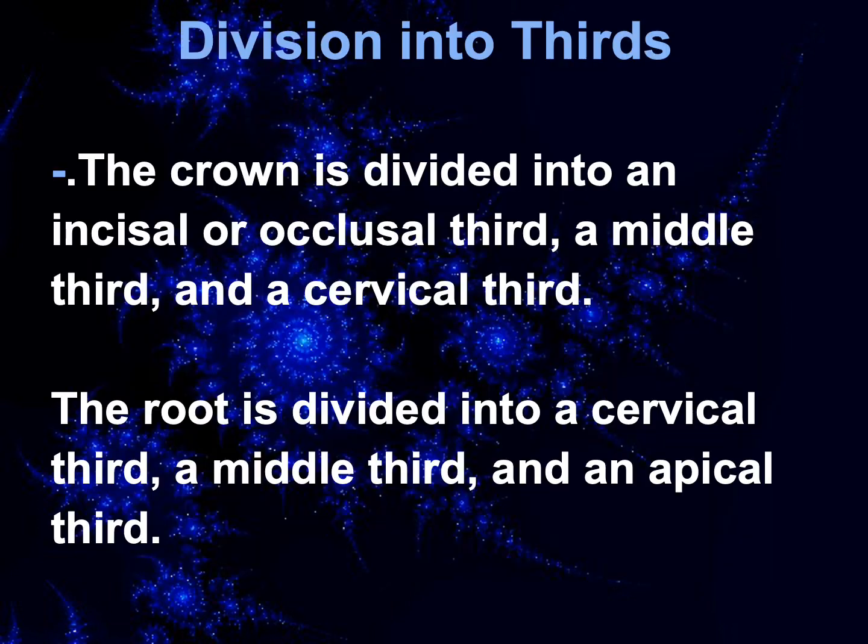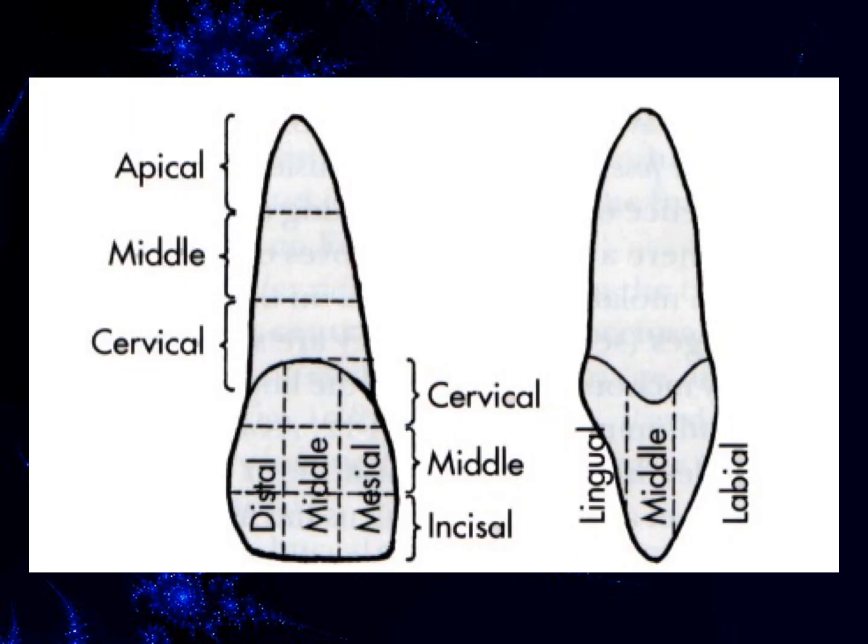Usually we divide crowns into thirds, because it's easier to draw and easier to communicate and locate any pathology or anything you want to locate on a tooth. So we divide it into incisal or occlusal third, middle, and cervical thirds. The root is also divided into cervical, middle, and apical thirds, as we can see in this picture.